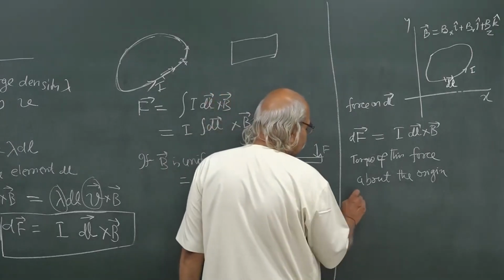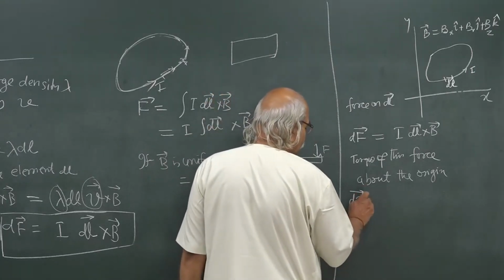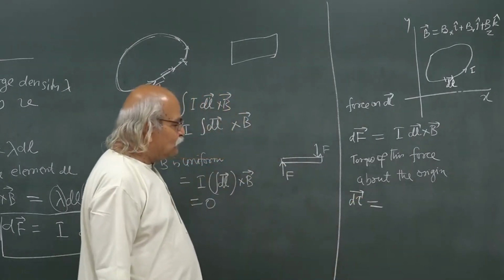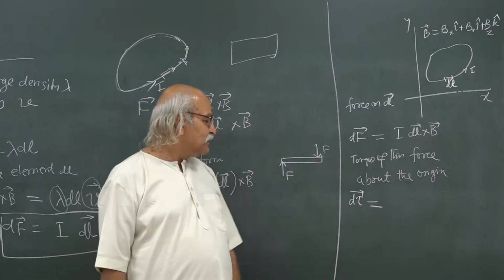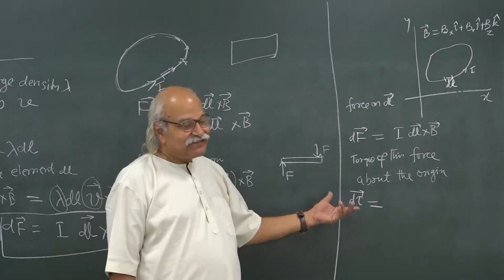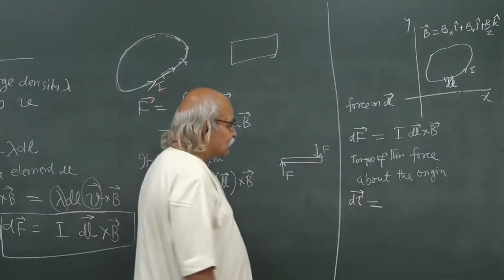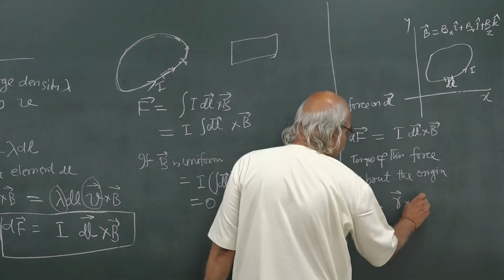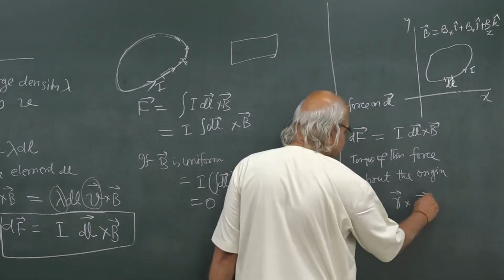So, what is that torque d tau? This tau I have used for volume also, d tau for small volume element, but I have put a vector sign, so it cannot be a volume element. So, this is for torque. This will be r cross dF.